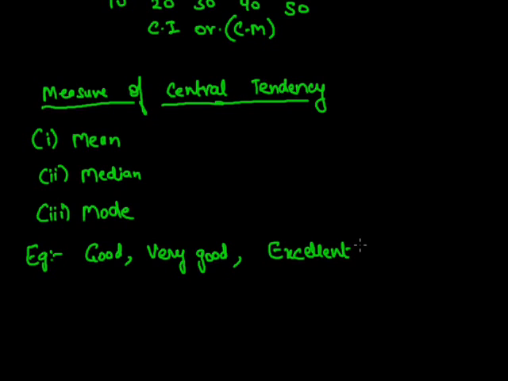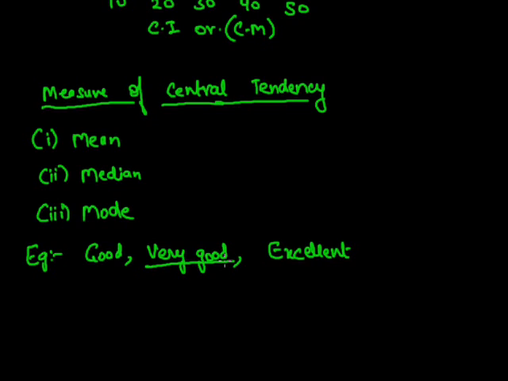As the quality is given, we cannot find the mean. We can find the median or mode. So if I ask the average of this group of 3 students, the average will be very good. It means I have found the median here. So that's why the median or mode are required when the quality of something is given.